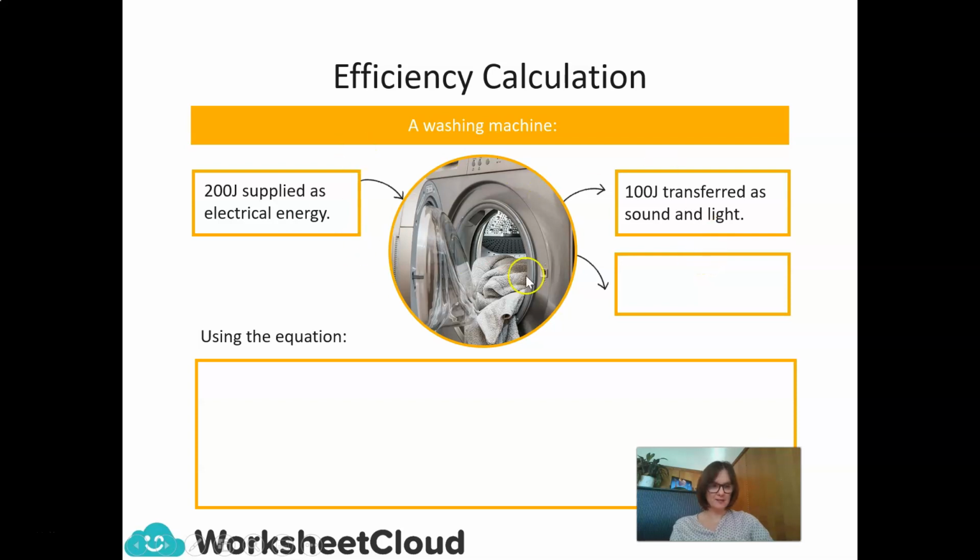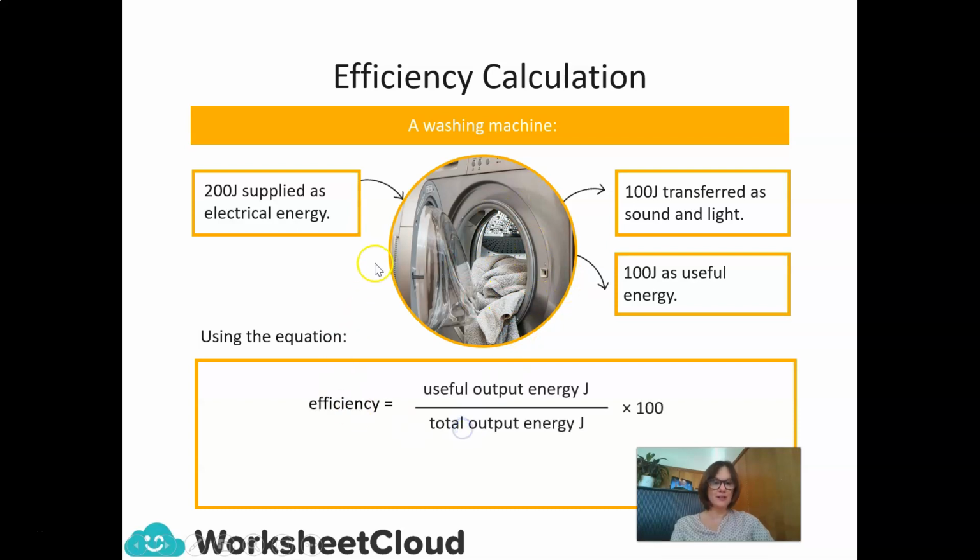Is that important in order to get your washing done? Does it clean your washing, the sound and the light energy? Only 100 joules is the actual useful energy that is in this washing machine. Okay, and that would be the kinetic energy, the movement of the motor as it turns the washing in the machine.